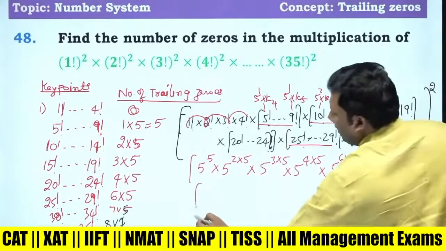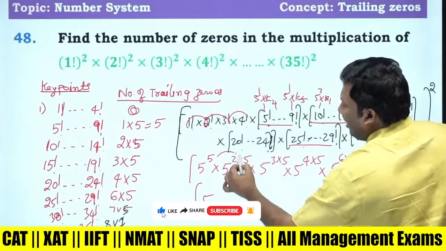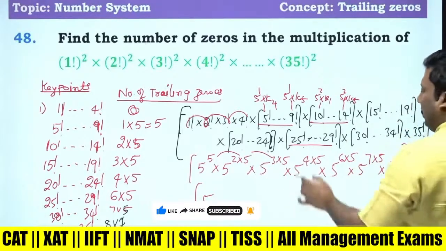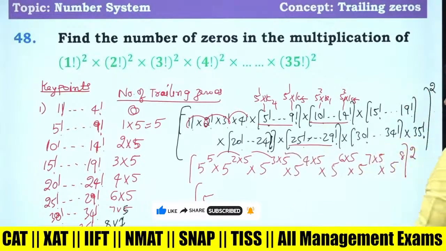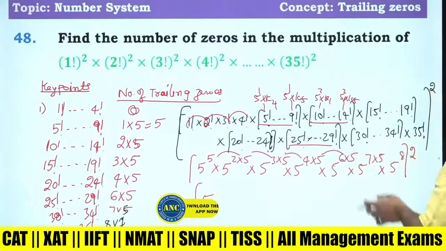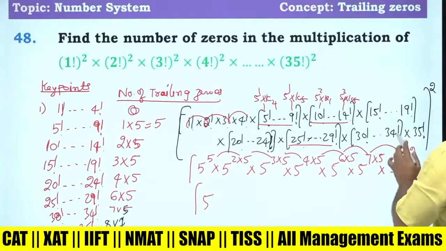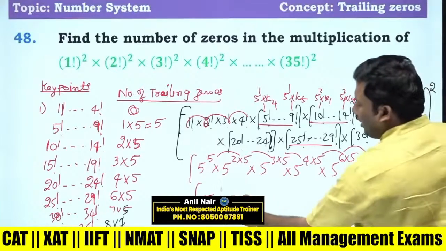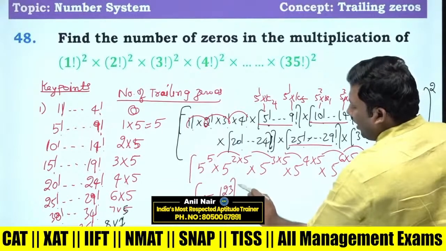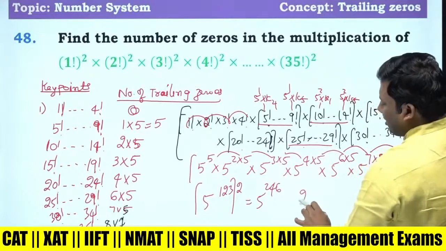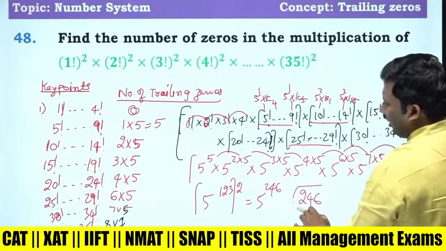So this will be 5 power 10 plus 5, 15; 15 plus 15, 30; 30 plus 20, 50; 50 plus 30, 80; 80 plus 35, 115; 115 plus 8, 123. 5 power 123, squared, is 5 power 246. The answer will be 246.